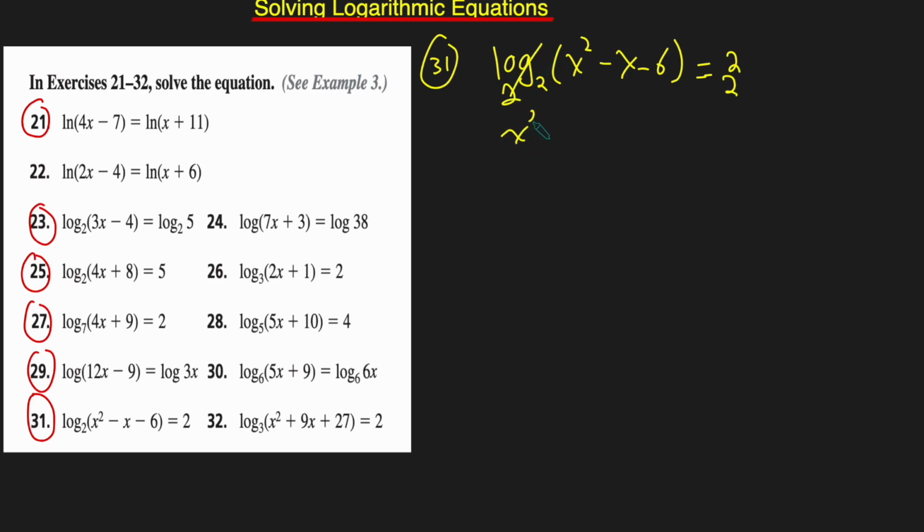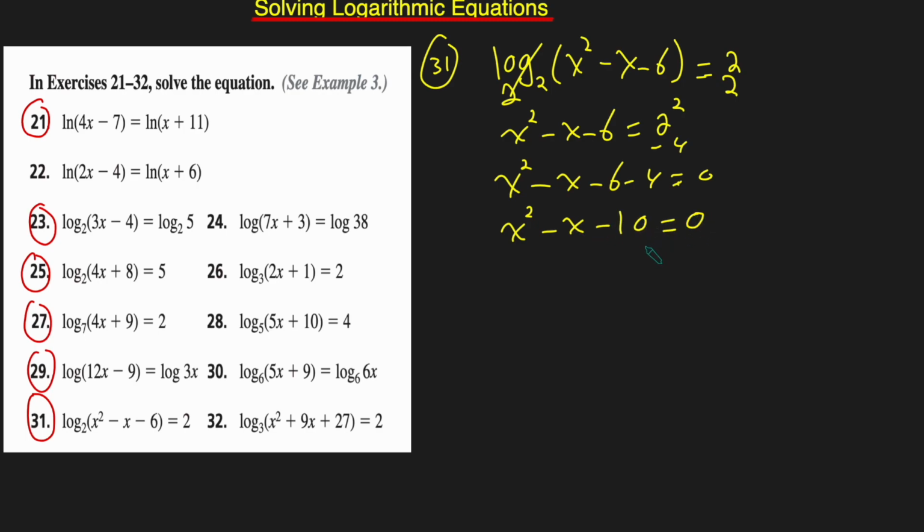Now I have x squared minus x minus 6 equals 2 squared. That will be 4, and I'm going to bring it inside, so I'm going to do minus 4. So this is going to give me x squared minus x minus 6 minus 4 equal to 0, and it will be x squared minus x minus 10 equal to 0.